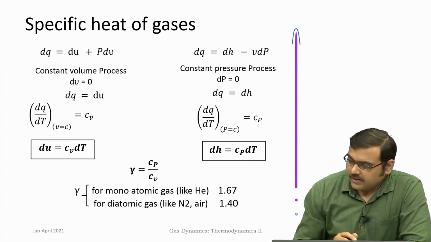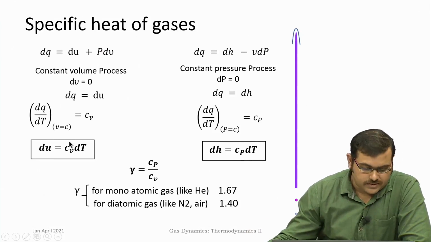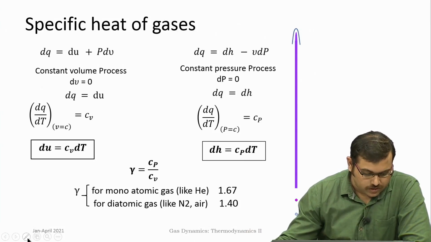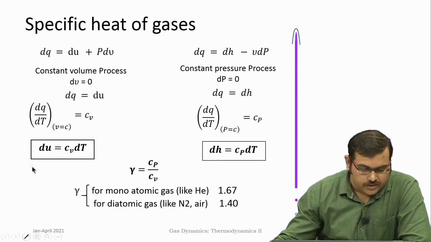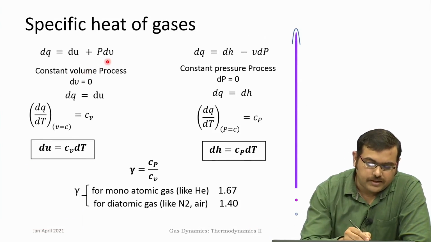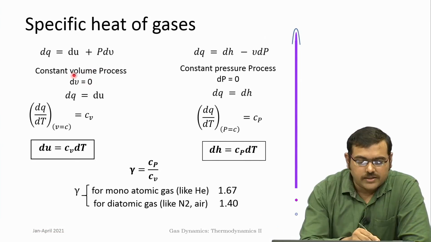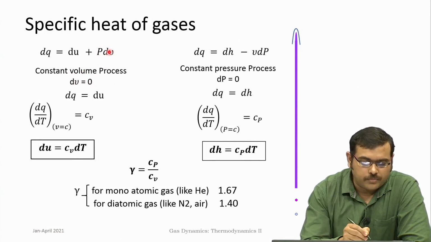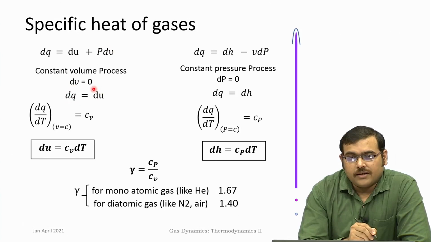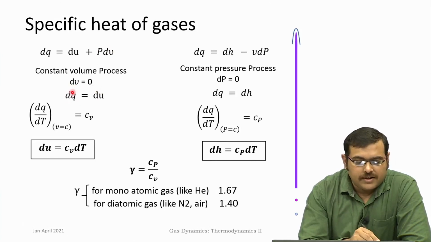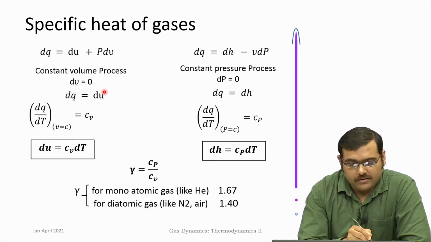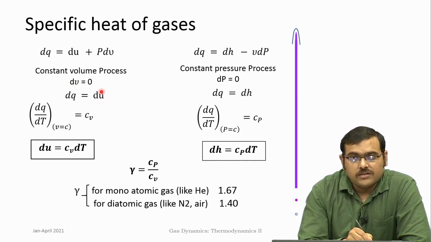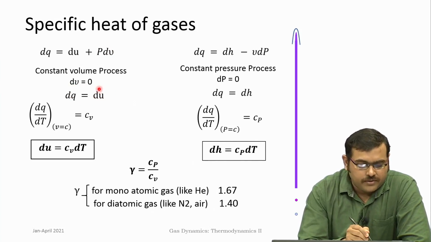Now if you consider heat addition under a constant volume process, there is no change in the specific volume, so this part is 0. Then you get dq is equal to du, that is the heat added will directly result in a change of internal energy.